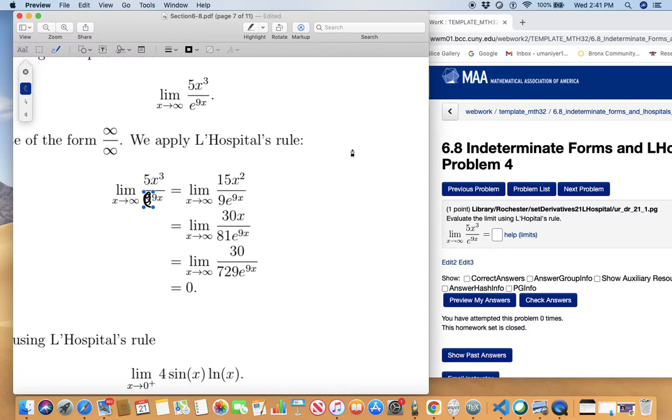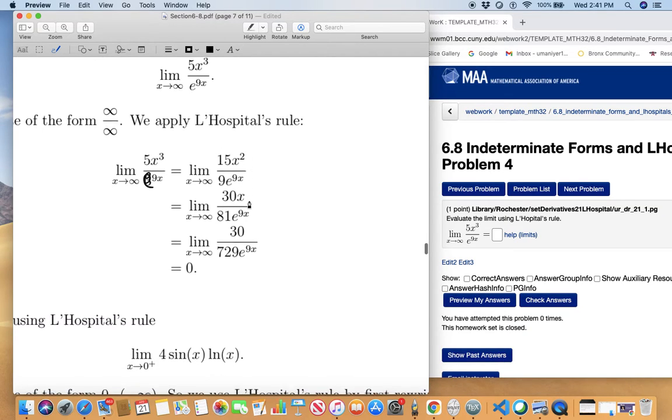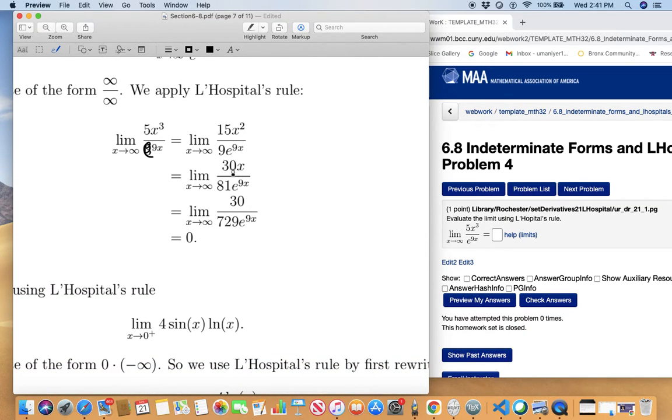Good. Now, the derivative of an exponential: e to something is itself, and the chain rule fetches me a 9. When x approaches infinity, that goes to infinity, so does this. So L'Hopital's again. The derivative of the top is 30x, and for the bottom, that 9 comes down again, 81 e to the 9x.